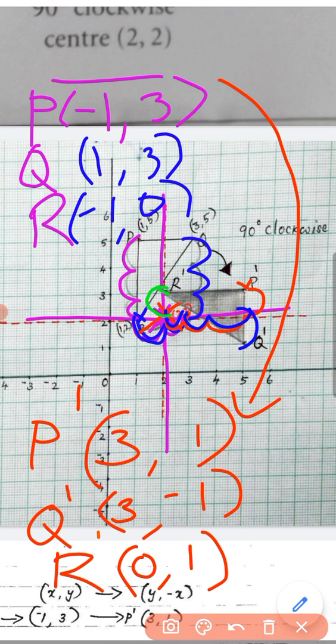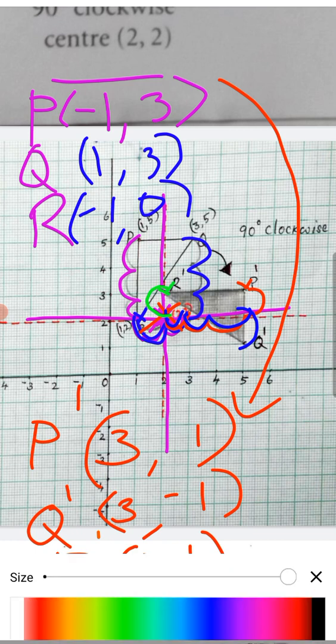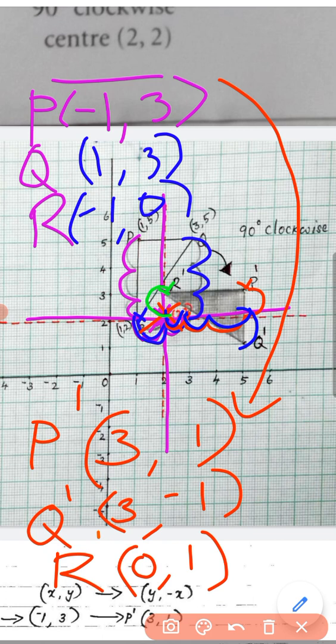This is R dash. Now children, we have to join these points R dash, P dash and Q dash. This is our image after a rotation of 90 degrees clockwise, and the center of rotation is 2, 2.